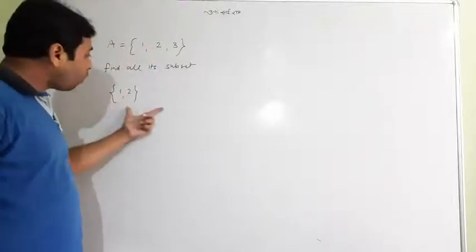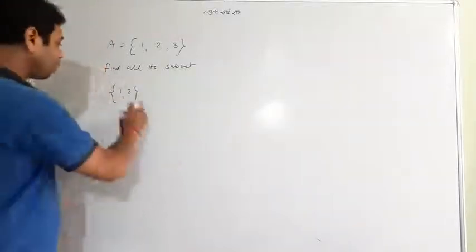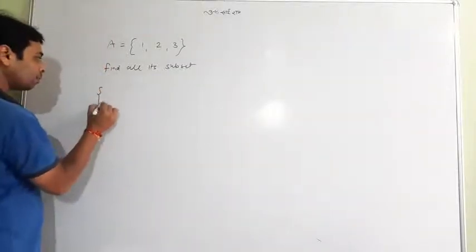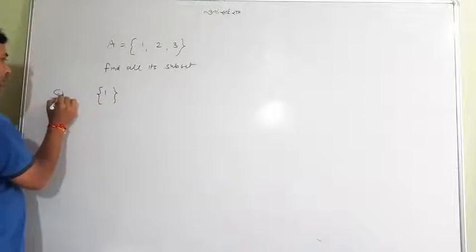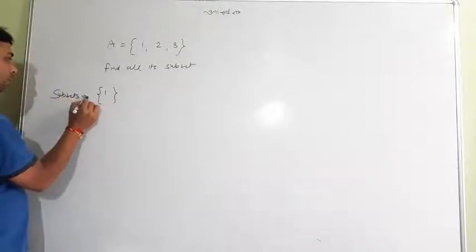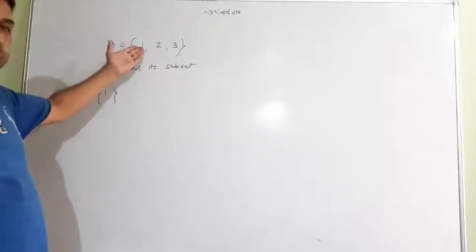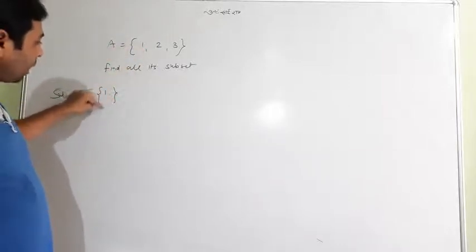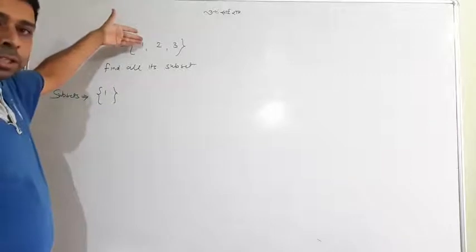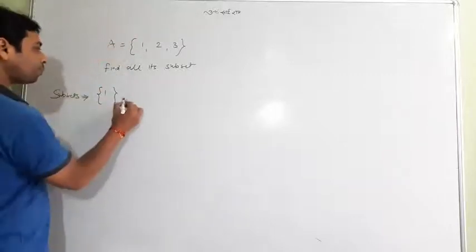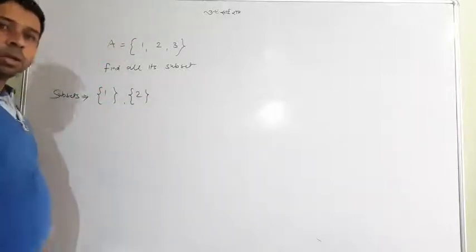So such kinds of subsets you find, like I start. Is {1} a subset? Yes, because it is 1 and it is 1 also. So all the elements of this set are also elements of A, so it is a subset. Now {2}. Is this a subset?